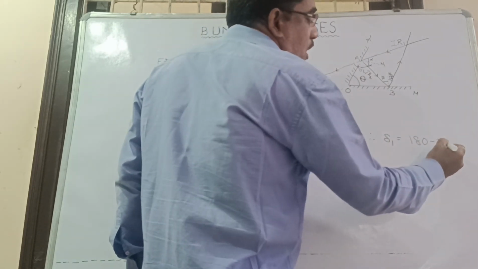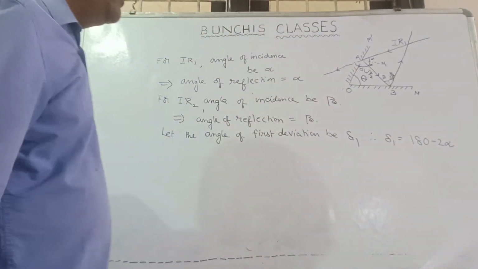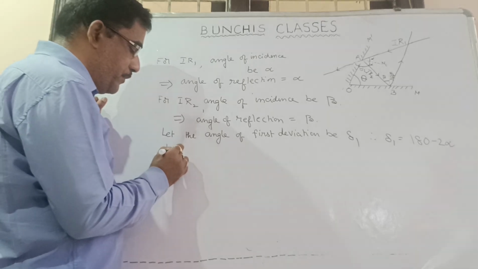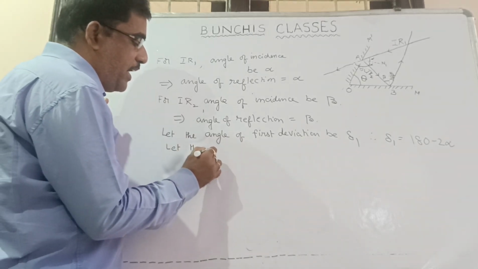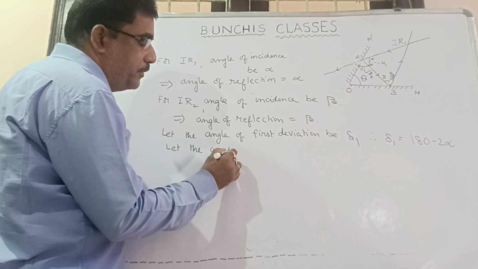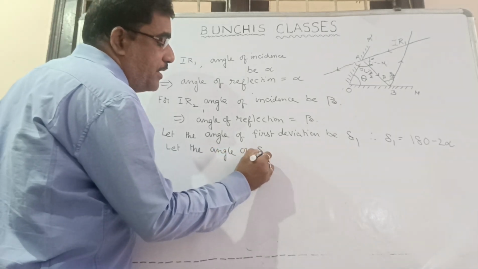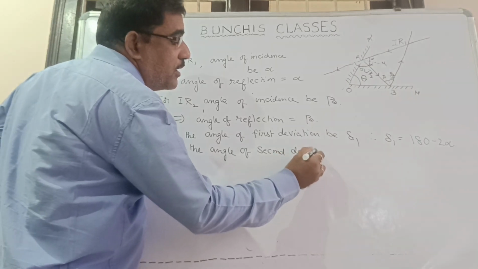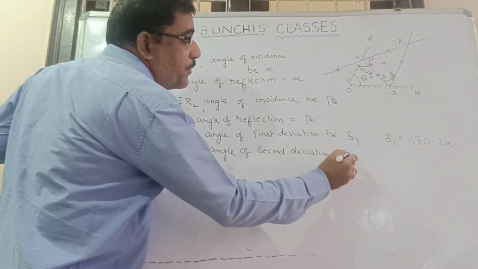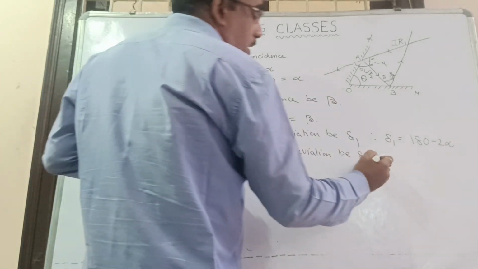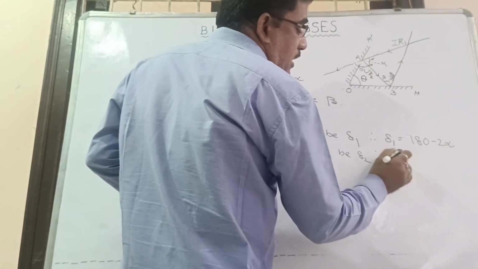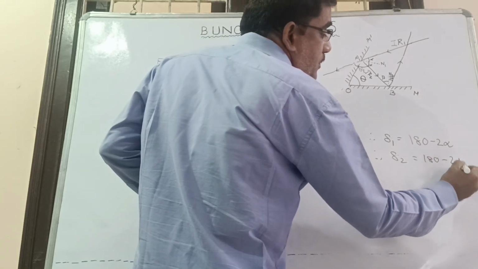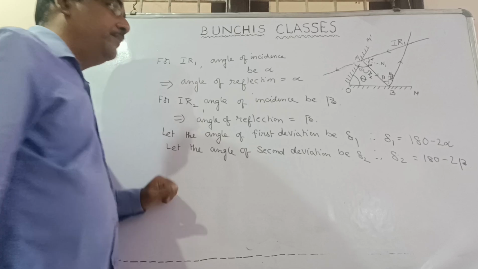Next, let the angle of second deviation be delta 2. Therefore, delta 2 is equal to 180 minus 2 beta.